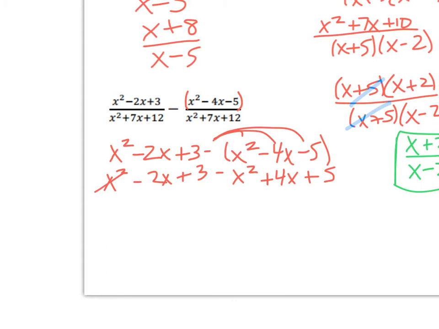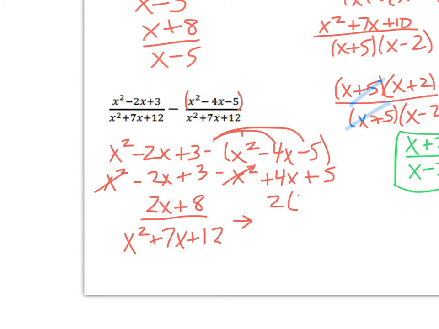So my x squared terms are going to reduce, and then I'm going to get 2x plus 8 over x squared plus 7x plus 12. I noticed that I have a GCF in the numerator, so I'm going to factor that and see if I can cancel anything with the bottom.